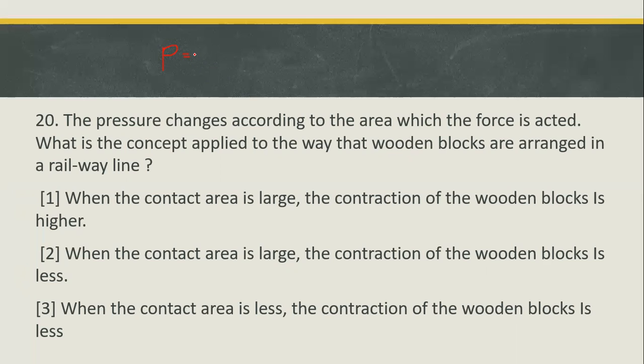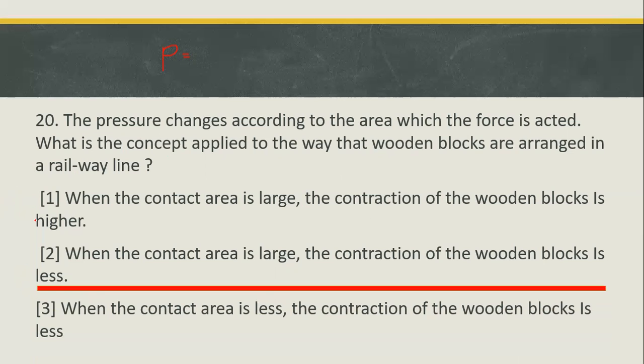When perpendicular force is less, pressure is less. And also when area is large, pressure is less. So the concept applied to the way that wooden blocks are arranged in a railway line is, when contact area is large, the contraction of the wooden blocks is less.